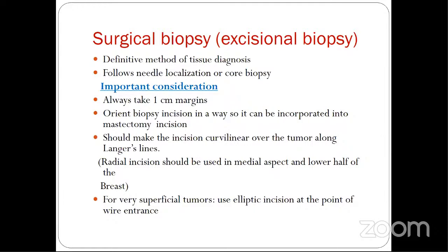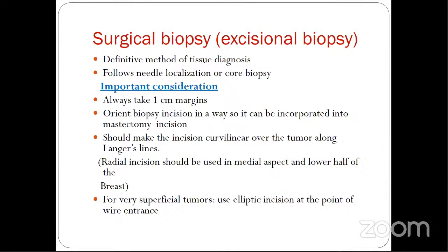Now we'll go for surgical biopsy, the excisional biopsy. This is the definitive method of tissue diagnosis, following needle localization. We have important considerations in surgical biopsy. It must be taken with a safety margin.